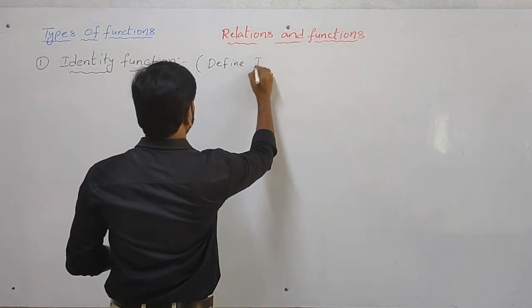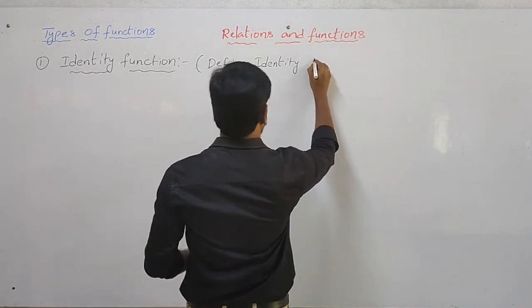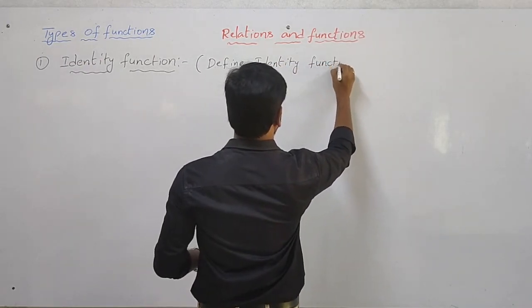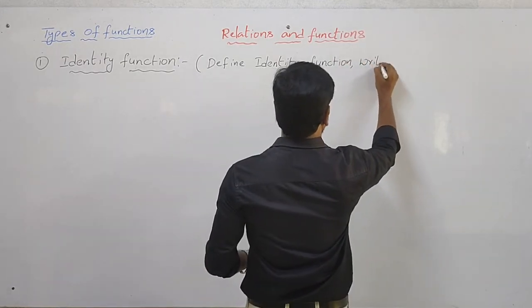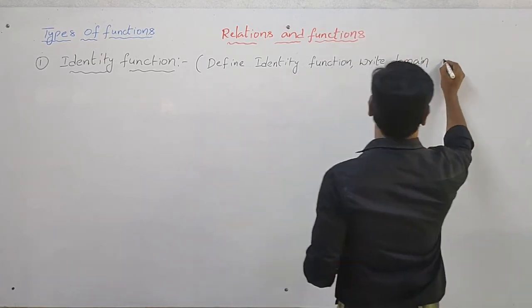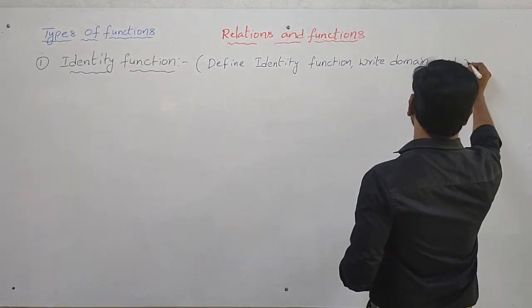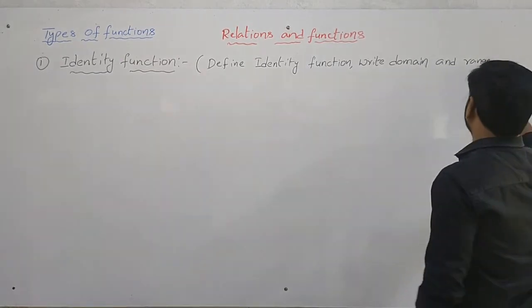Define identity function, write domain and range, and draw the graph.